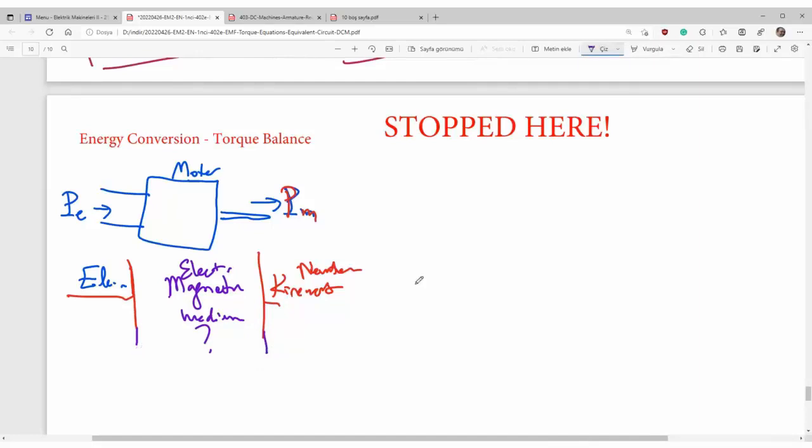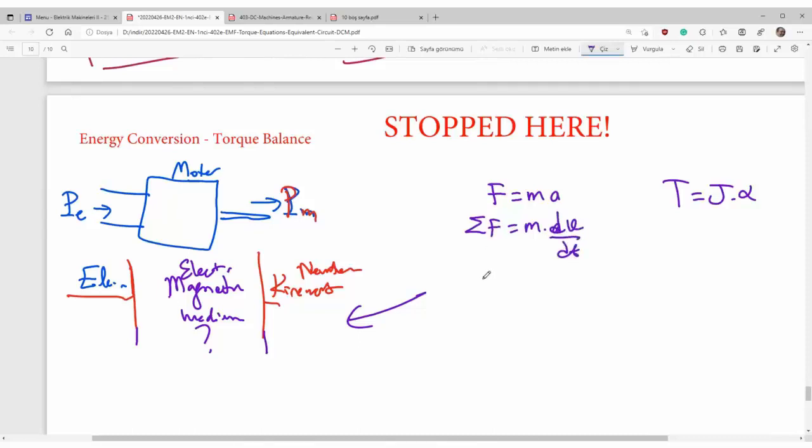For example, on Newton's side, F equals ma, or torque is equal to J alpha. Total F is equal to ma, where a means dV over dt.